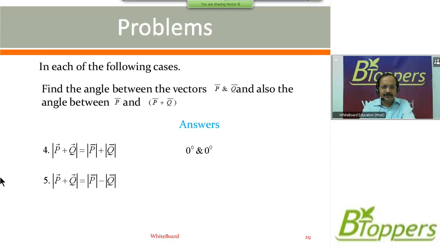Look at the answer here: 180 degrees and 0 degrees. That means angle between p bar and q bar is 180 degrees. The angle between p bar and resultant of p bar and q bar is 0 degrees.